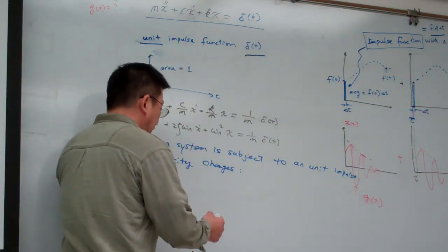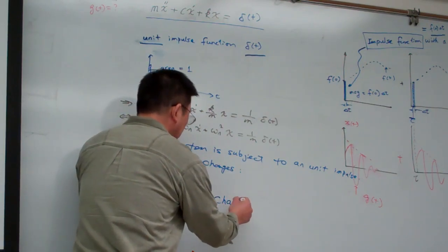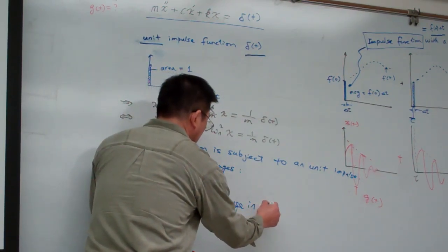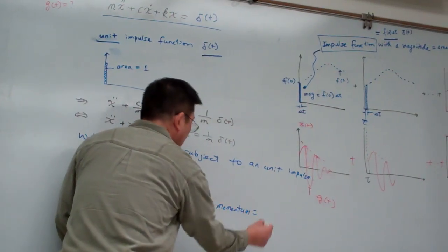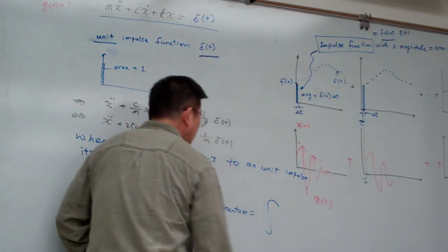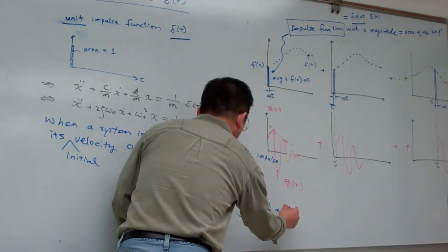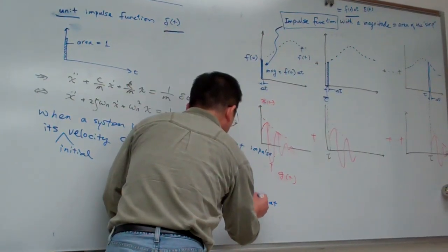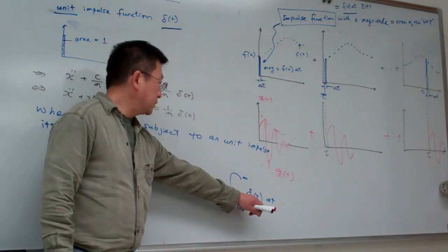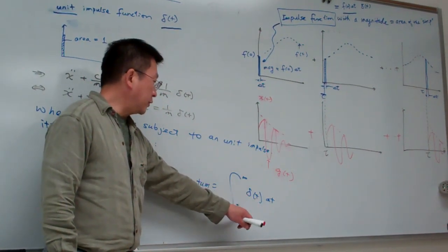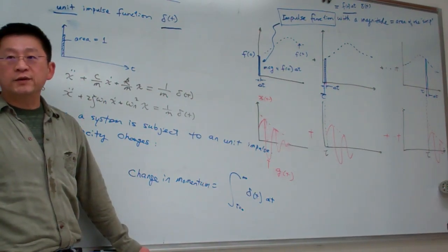basically that can be explained by this. The change in the momentum is equal to the integration of the unit impulse over time, time equal to 0 to infinity. So this is a force. We integrate the force over time that gives us the change in the momentum.